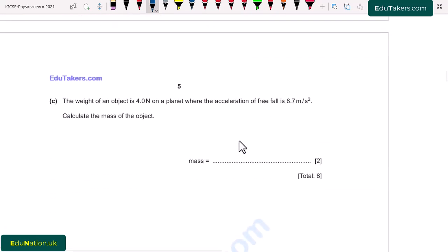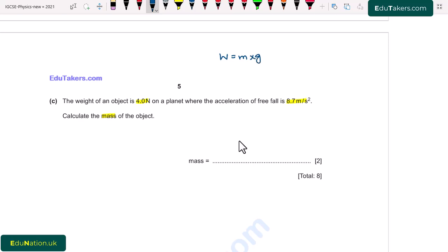Next part C. The weight of the object is 4.0 Newton on a planet where the acceleration of free fall is 8.7 meter per second square. Calculate the mass of the object. Here we have to calculate the mass of object when the weight and acceleration of free fall is given. So we know that weight is the product of mass and acceleration due to gravity.